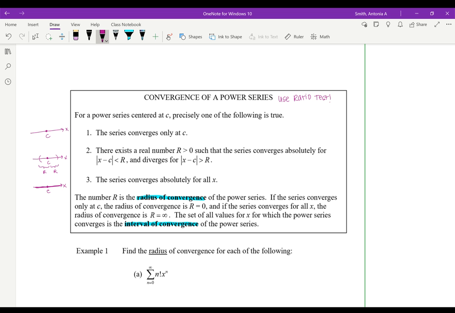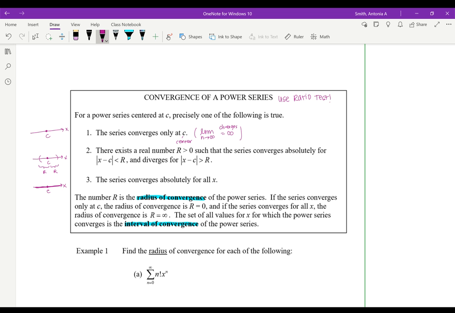In order to check to see if the series converges only at c, you would use the ratio test. We would set up our n plus 1 over n ratio. If we find that the limit as n approaches infinity of your ratio is infinity, which normally would mean that it diverges, then we know that our series converges only at our point c, which, remember, is your center.